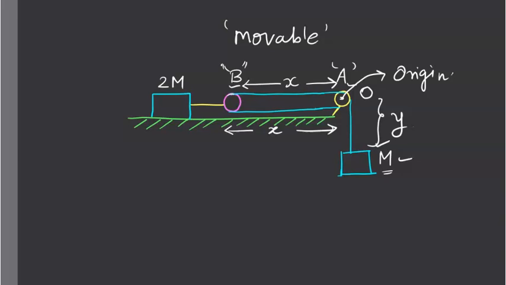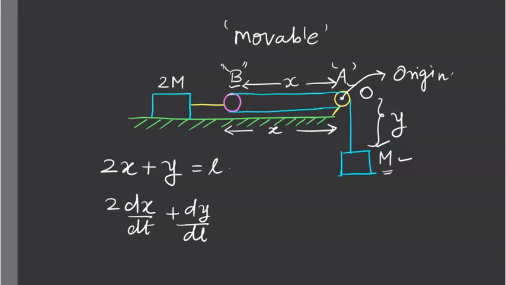Now what you can see from here, the length of this particular string, the blue color string over here, is 2x plus y. Now if I differentiate with time, what I will get? So 2 times dx by dt plus dy by dt is equal to 0.